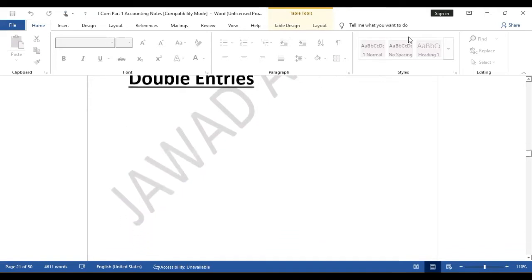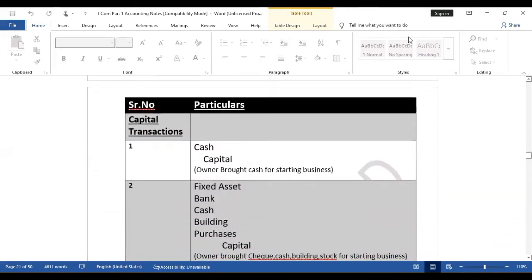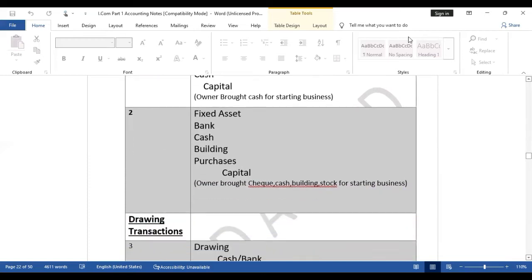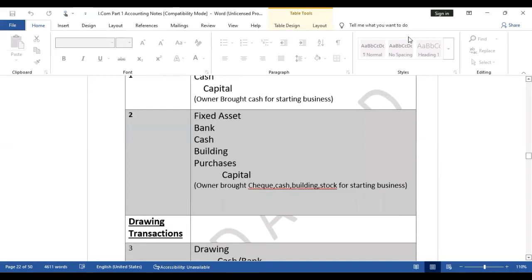Let's start. What are the basic double entries that are used in a business? Firstly, when capital is brought by the owner in the form of cash, the entry will be cash debit, capital credit. And when the capital is brought in the form of some bank balance, some cash balance, and some buildings or their title documents, and some stock is also brought by the owner for running the business as a first time investment or investment as a running business, the fixed asset also increases.